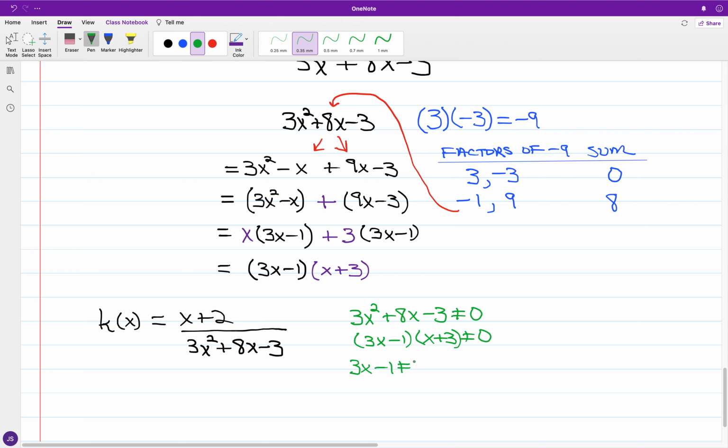So I have 3x minus 1 cannot be 0, and we have x plus 3 cannot be 0. And if 3x minus 1 cannot be 0, we have 3x cannot be 1, and so x cannot be 1/3. As for x plus 3, if that cannot be 0, then x cannot be negative 3.